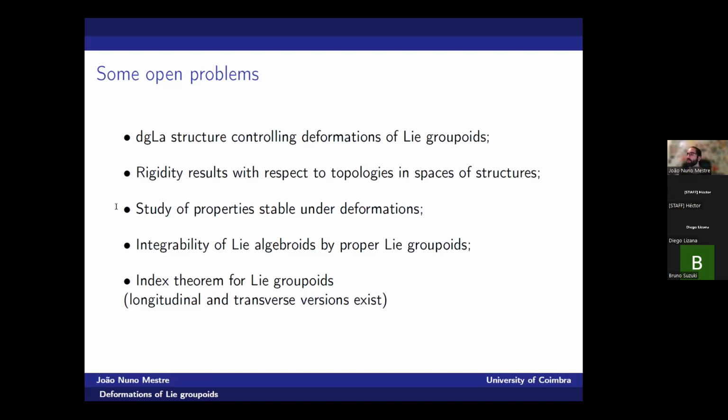So when I have a groupoid which can be deformed, which things are preserved about it? And one of my PhD students, Sebastian Daza, is now studying the possible stability of subgroupoids under deformations. And another very big problem is, when I told you that Lie groupoids integrate certain infinite dimensional Lie algebras, when can one of those be integrated by a Lie groupoid with compactness properties? That would be very interesting to know.